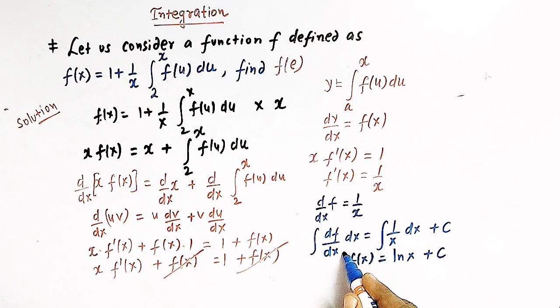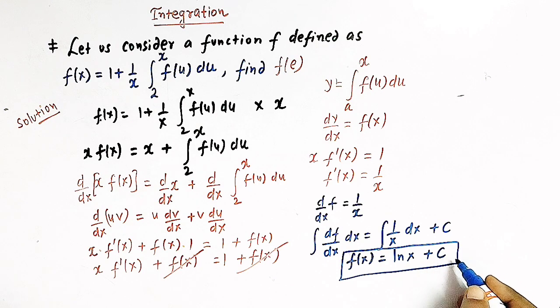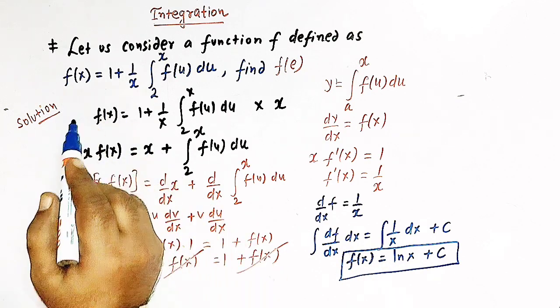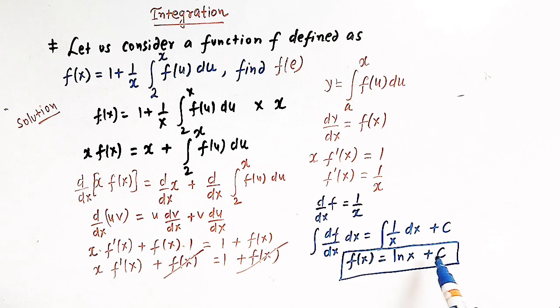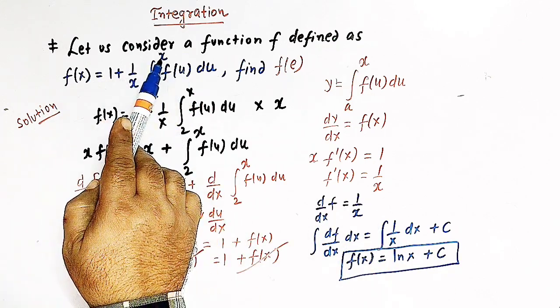So now the function f of x is given by this expression, and we have to find out the constant of integration by using some condition, right? So here to get the condition, we'll substitute x is equal to 2.